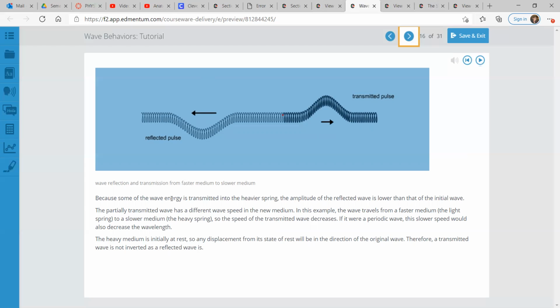The heavy medium is initially at rest, so any displacement from its state of rest will be in the direction of the original wave. Therefore, a transmitted wave is not inverted as a reflected wave is. So reflected would be opposite. Transmitted pulse would not be. It would be in the same direction.